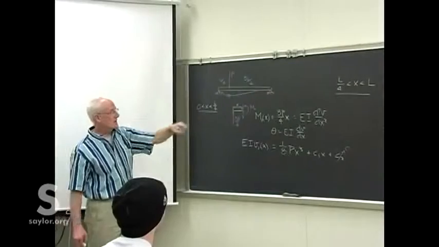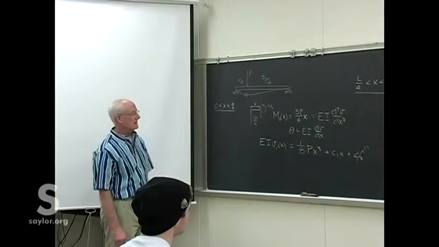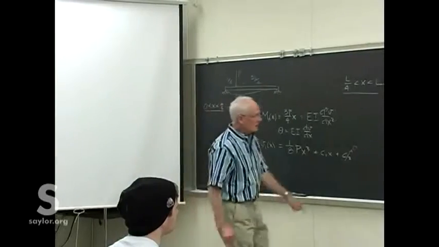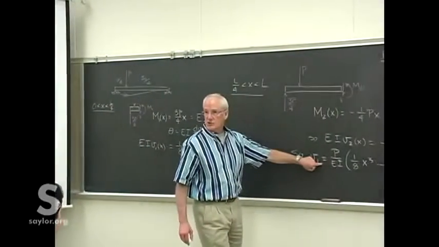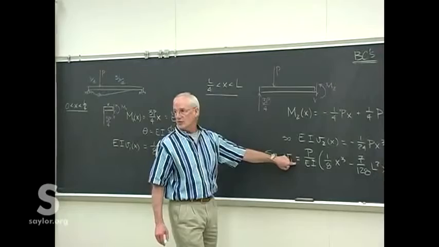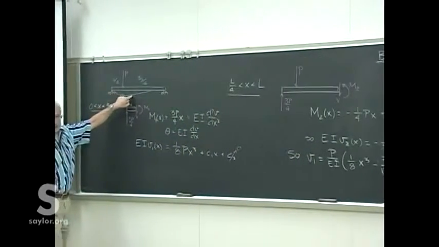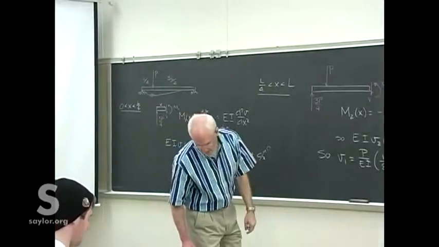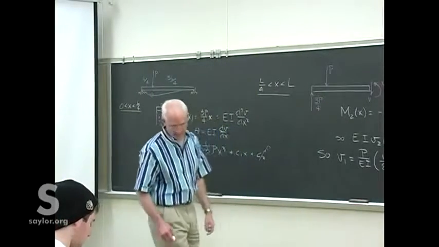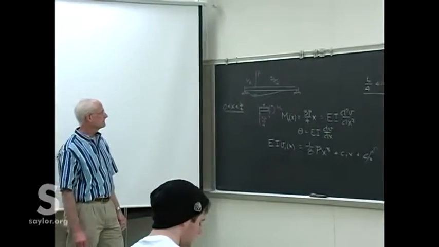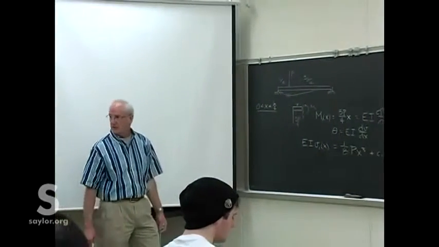Then you need to do the same thing for the other side, V2. And if you differentiate this, you'll find that it doesn't equal 0 anywhere on this side of the beam; the low spot, I believe, is on the other side of the beam. At least I think it is. I think that's the way it goes. Anyway, you can find out.